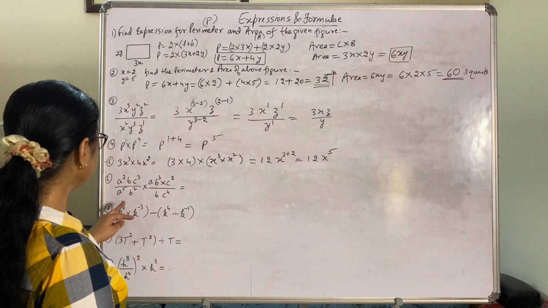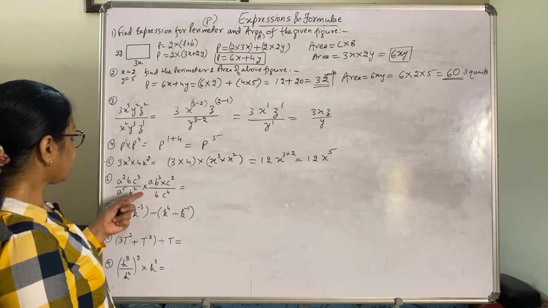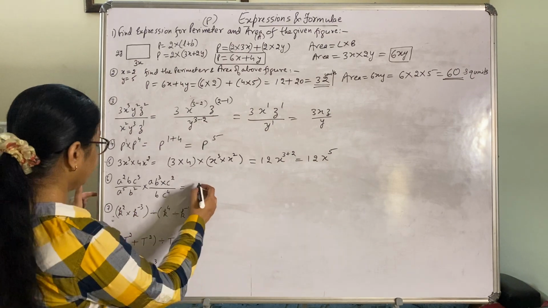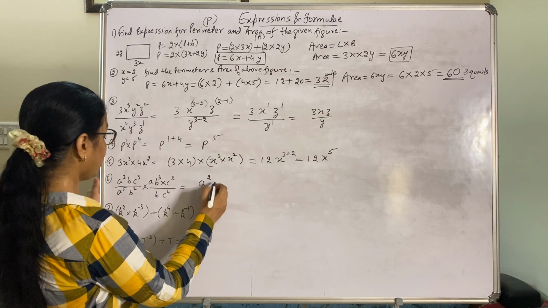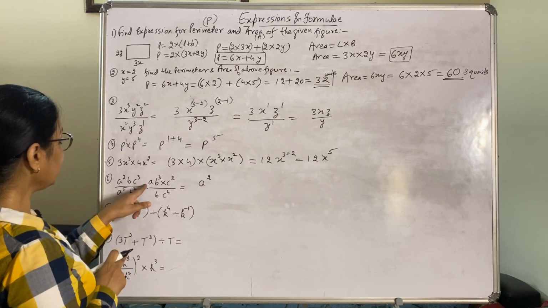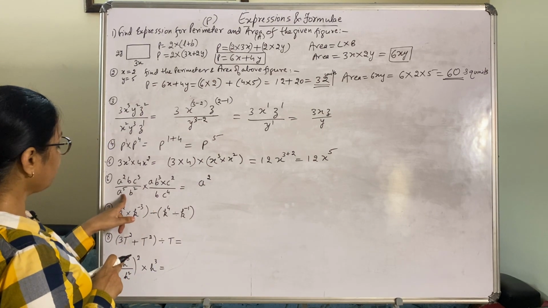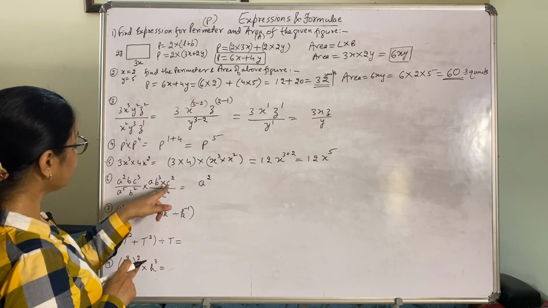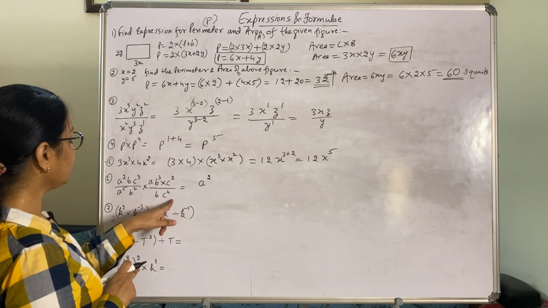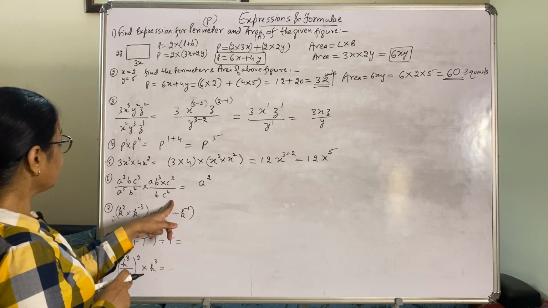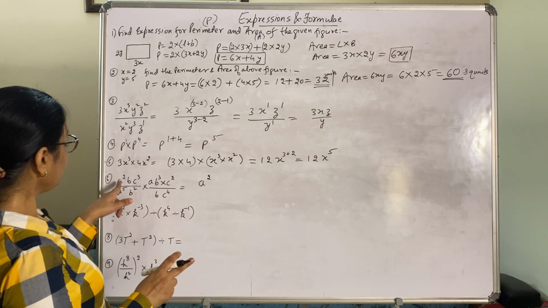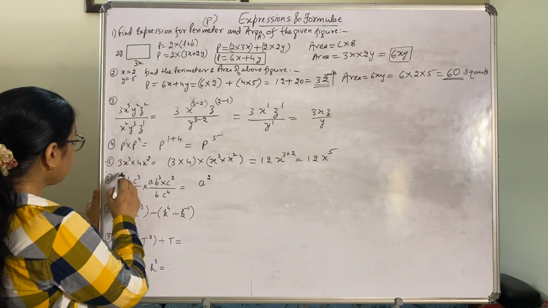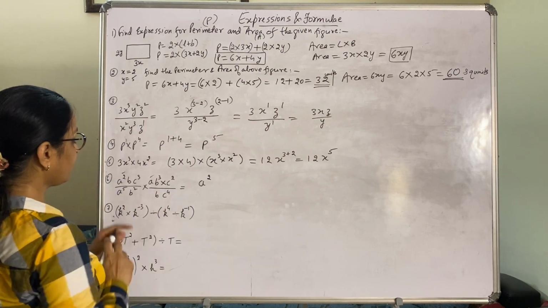Very simple. Coming to this expression, so here a raised to the power 2 bc cube over a raised to the power 5 b square times a b cube times c square over bc raised to the power 4. So what we have to do is, see, in numerator we have a raised to the power 2 here and a raised to the power 1 here.